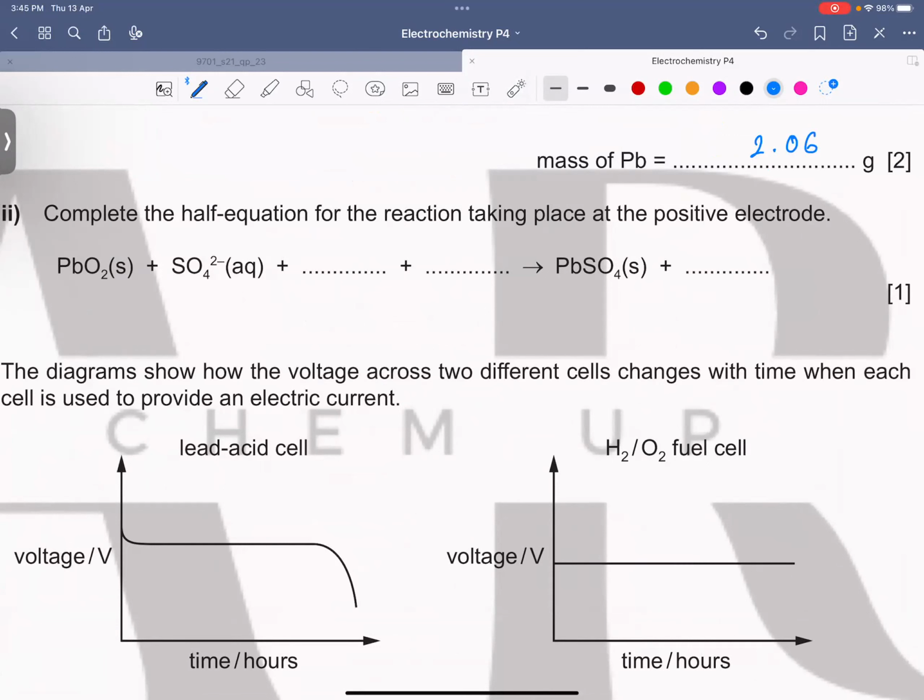Which equation is it? It's a half equation. It's not the complete equation. And taking place at the positive electrode. And if it's taking place at the positive electrode, whether there is oxidation or reduction. Reduction.